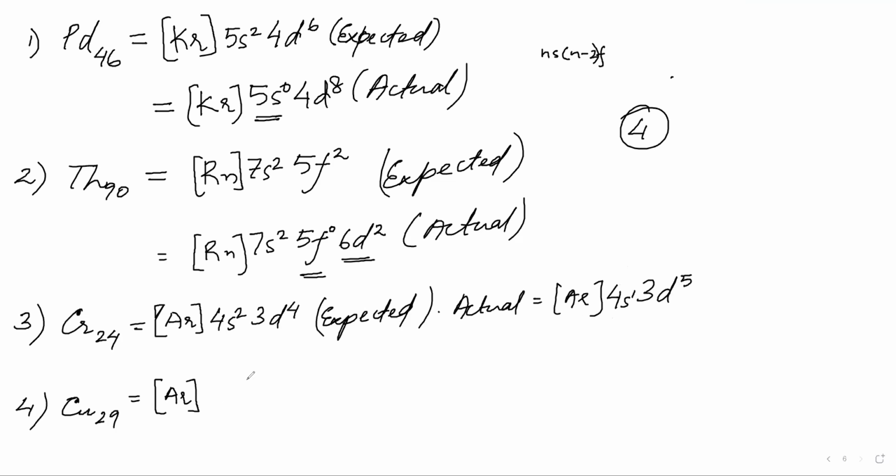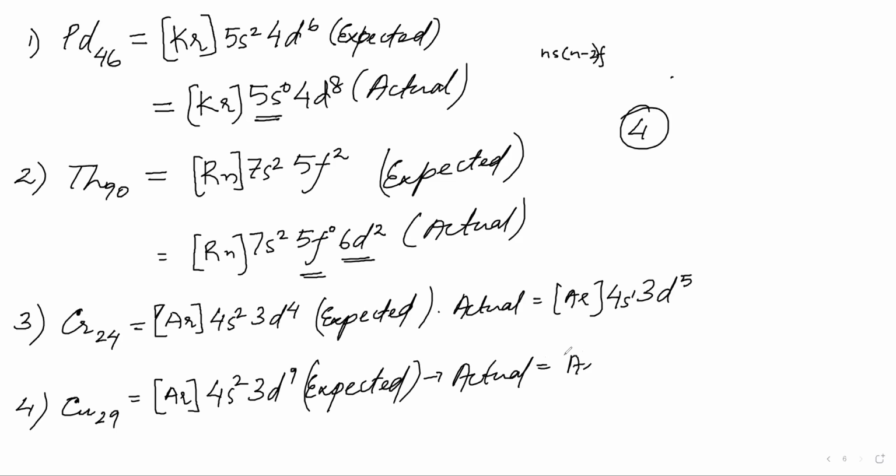Now copper. Sir, Ar 4s2 3d9. So this would become 4s1 3d10.